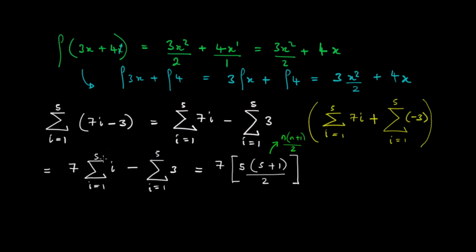Saka this will be evaluating this part twatati minus, then kana iri tiine a constant 3 panapa tichibva from 1 up to 5, it's simply going to be 3 times 5 kana kuti cn according to manyorero ataita the formula. So kana zvadai, what is this going to be equal to? This is equal to 7 times 5 multiplying 6 over 2 minus 15.